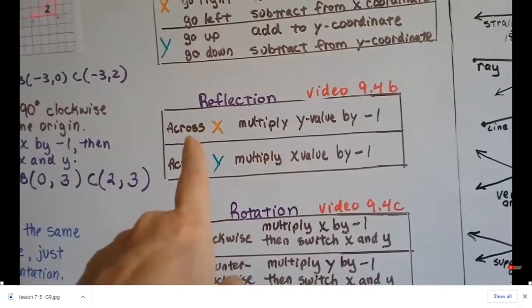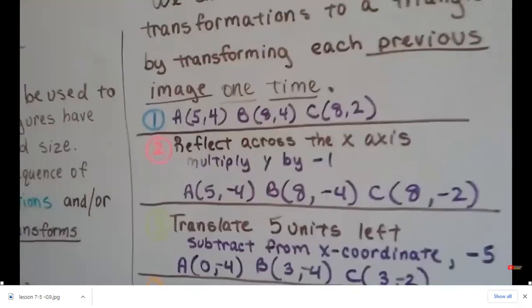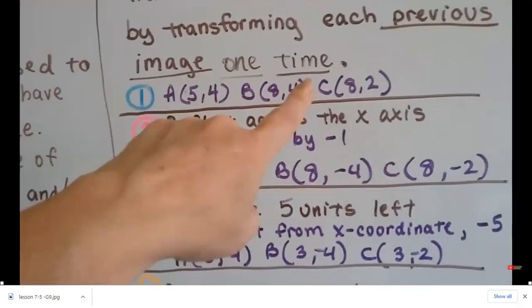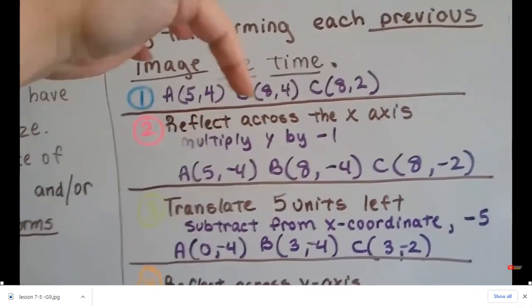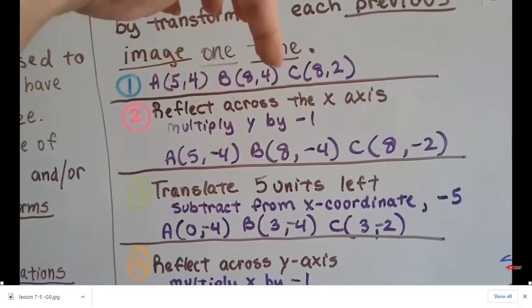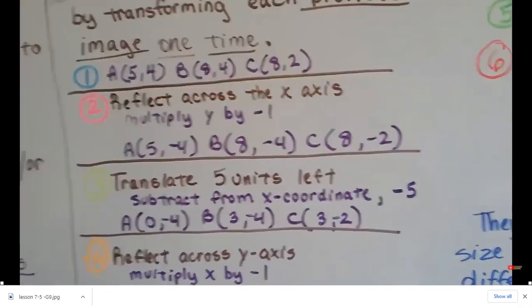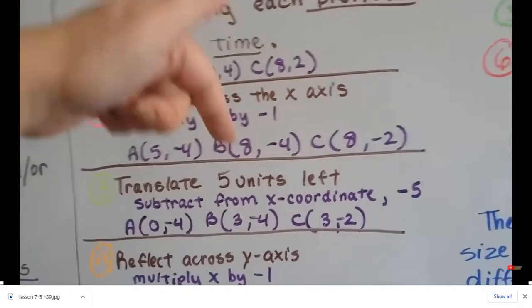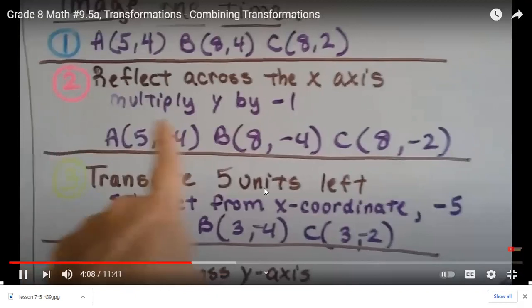Each y value, the 4 and the 2, gets multiplied by -1. So 4 times -1 is -4, and 2 times -1 is -2. The x values just drop down into place. So these right here for 2 are our new coordinates.